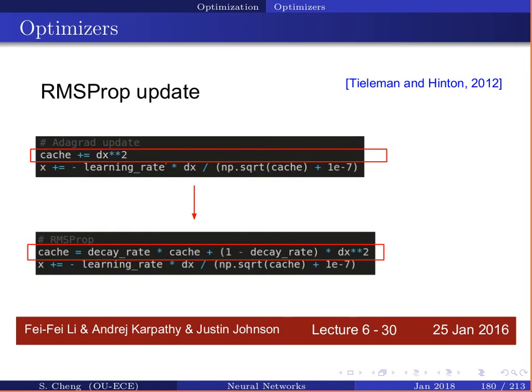Instead, what people may do is something similar, using the similar idea of momentum, right? It's not exactly the same as momentum, but instead of accumulating all the square magnitude of the gradient, we may just forget it after a long period of time.